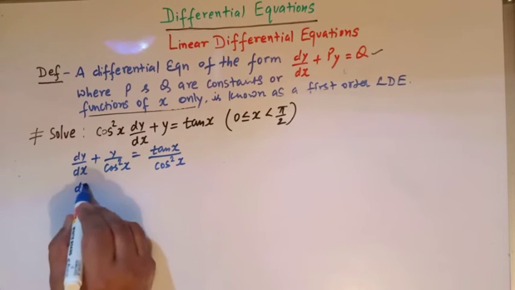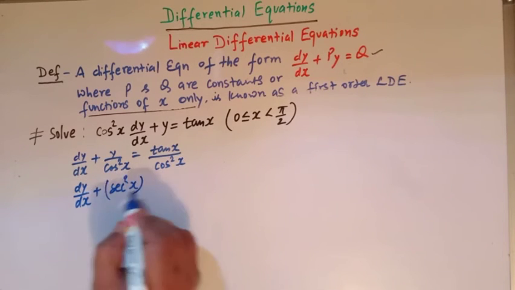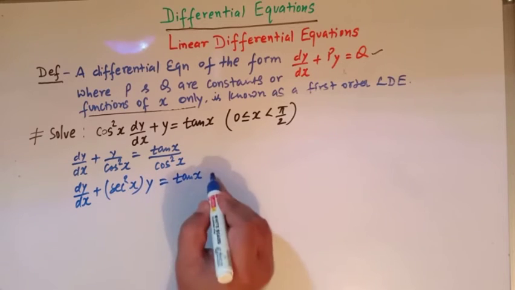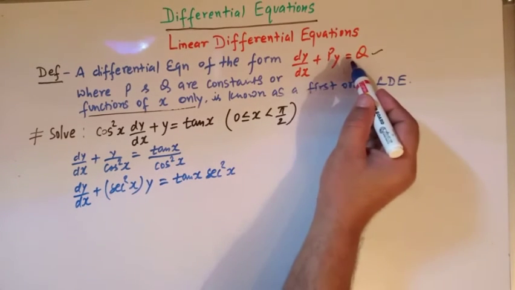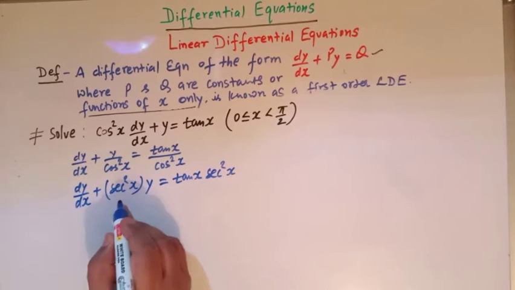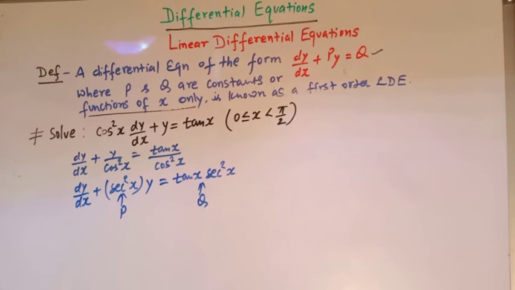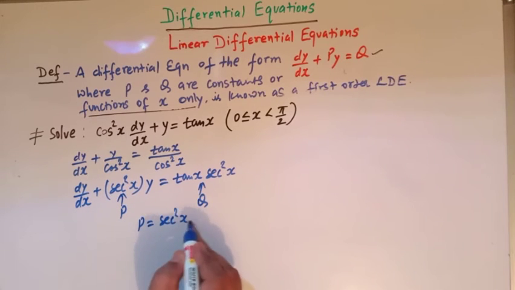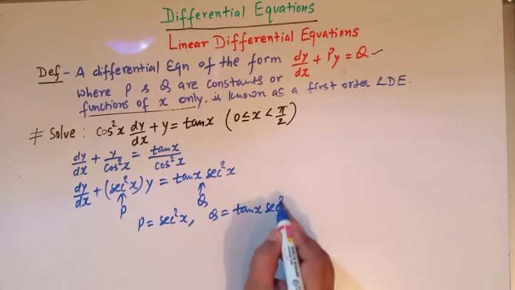Now this can be written as dy over dx plus sec square x times y is equal to tan x sec square x. Clear? Now this equation is of the form dy over dx plus py is equal to q, and this is p and this is q. Clear? So p is sec square x, q is tan x sec square x.